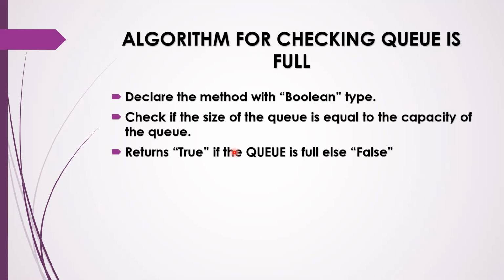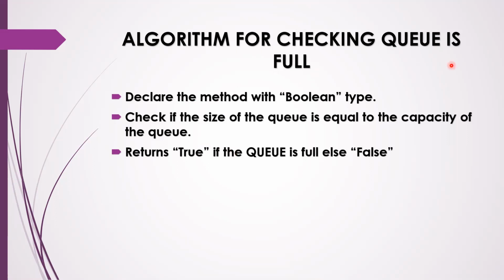Enqueue operation means insertion of an element into an array at the rear index. Dequeue operation means deletion of an element from the queue using the front index, right? And for enqueue operation, there is a prerequisite. You have to check for the overflow condition, and for dequeue operation there is a prerequisite. You have to check for underflow condition.